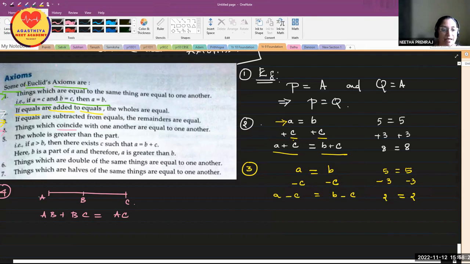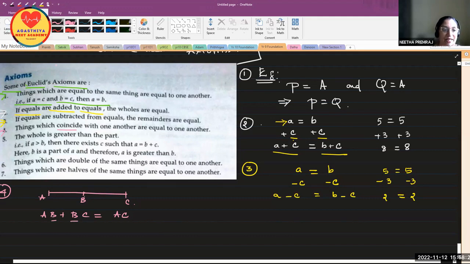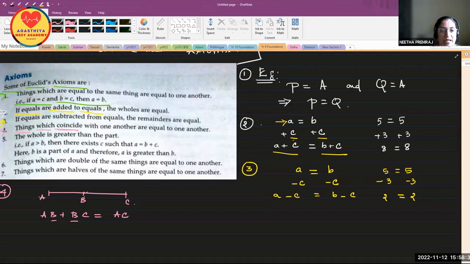For AB and BC, this is a common point. It is coinciding, right? That is what they're saying. So AB plus BC is equal to AC.